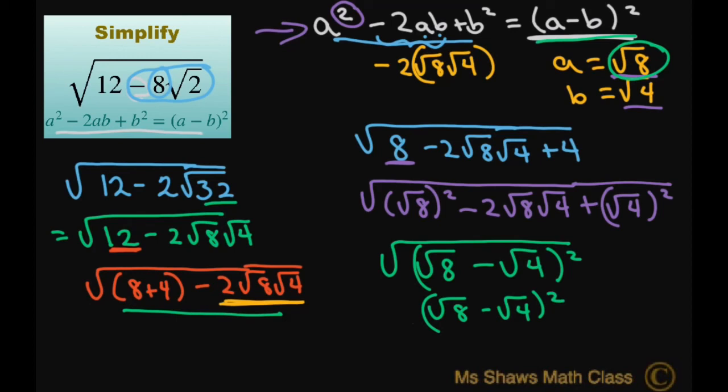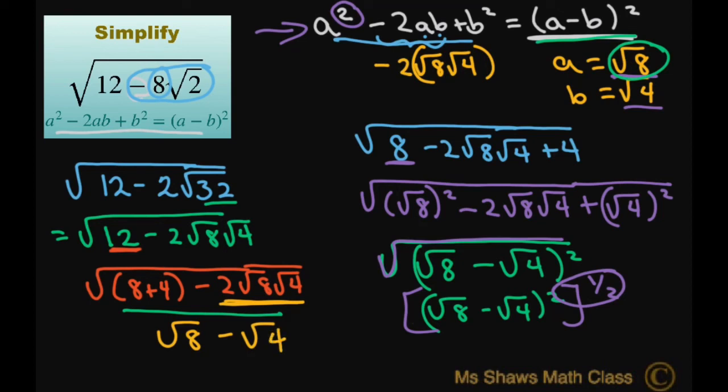And then this outer square root sign can be to the power of 1/2, right? So this equals 1. We're left with square root of 8 minus square root of 4.